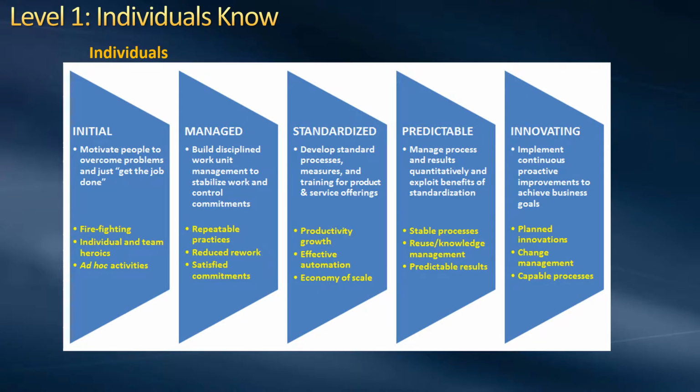The left column represents level 1, labeled as initial. At this level, the knowledge about the execution of business processes resides in specific individuals who solve problems and just get the job done. A lot of knowledge is also classified as institutional, meaning that it is not really written down anywhere, but folks who have been there for a while consider it to be intuitively obvious.